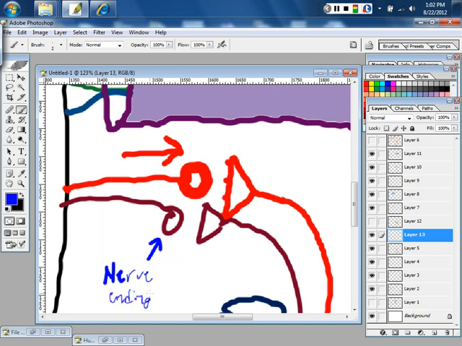These are going to be our nerve endings, and then these are going to be our nerve bodies, or our neuronal bodies, or our neurosomas. And this is the nerve body.